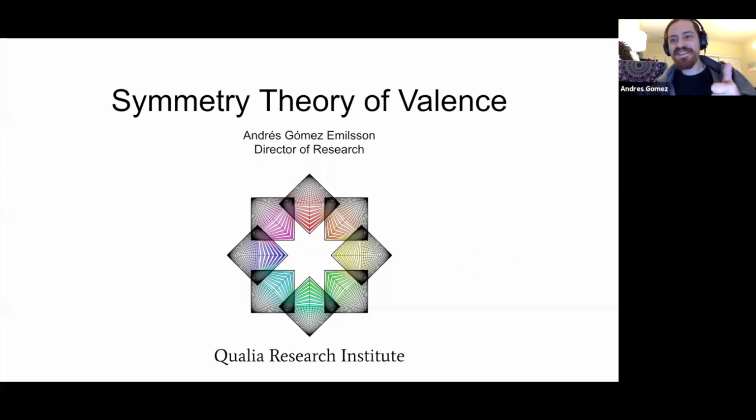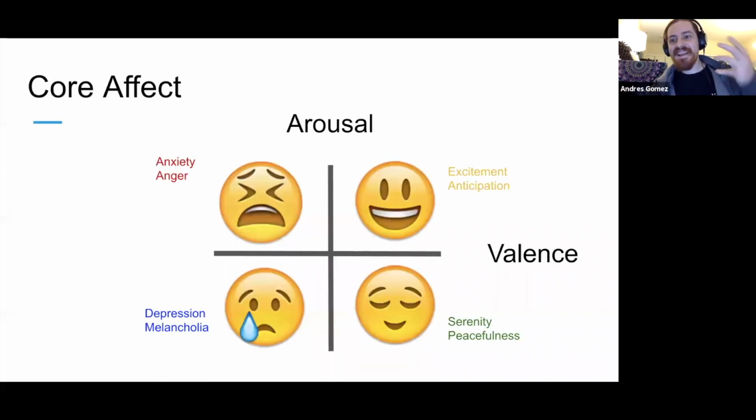So, symmetry theory of valence, and just defining terms so we're all on the same page. Basically there's this thing called core affect, which is what you get when you apply dimensionality reduction techniques to many areas of psychology.